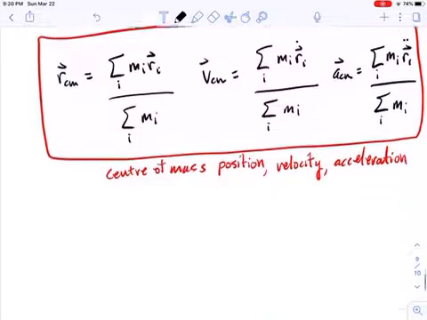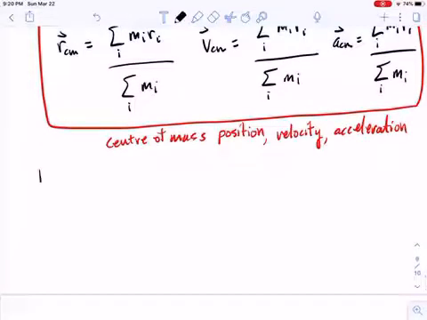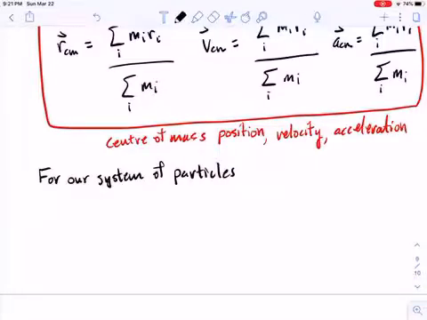Okay, so for our system of n particles, we said F net, the net force on our system of particles, was equal to the sum of the external forces on each of the particles, and then all the internal forces canceled.